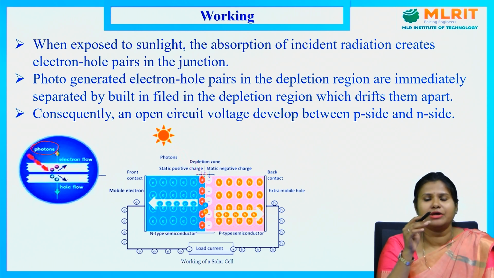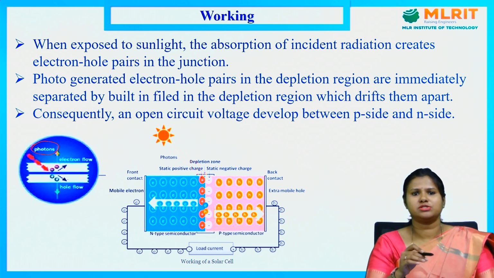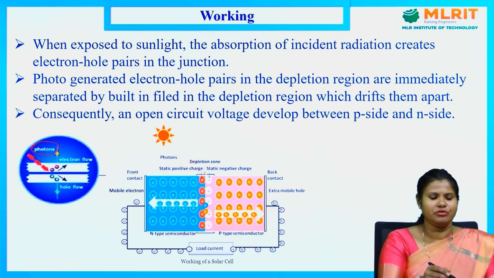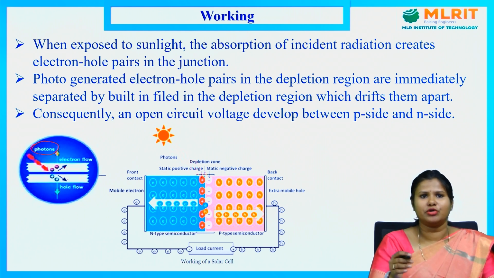Now there will be some potential which is known as the barrier potential, which is due to the depletion layer. That barrier potential will drift the electron hole pairs away from the junction.